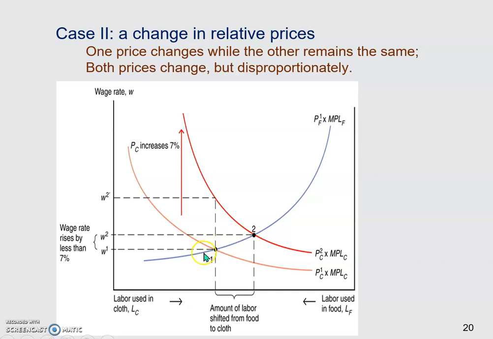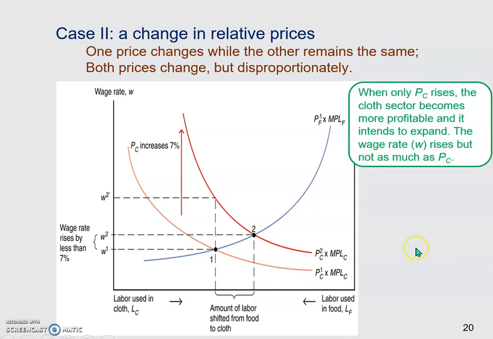And when the equilibrium moves from 1 to 2, that simply means this amount of labor is going to leave the food sector and join the cloth sector. So when only the price of cloth rises, the cloth sector becomes more profitable, and it intends to expand.